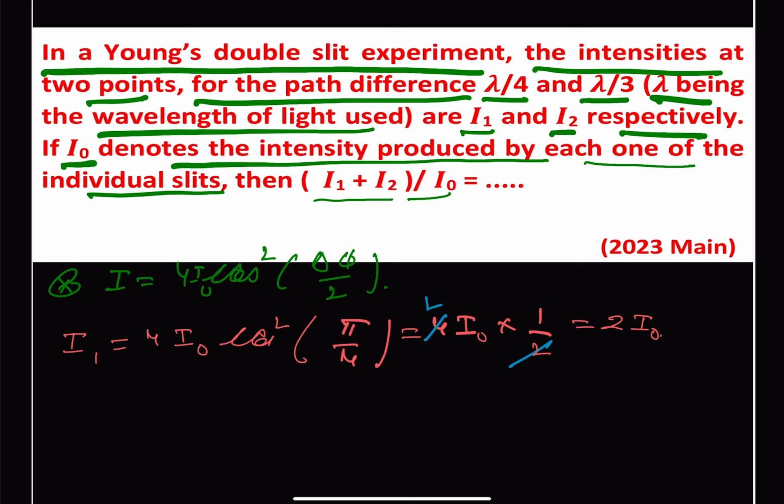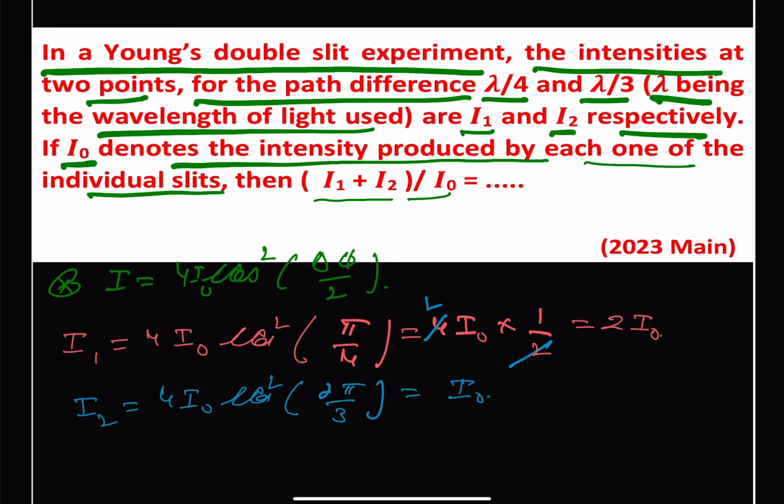Similarly, I2 will be equal to 4 I0 cos square pi by 3, which gives us I0.